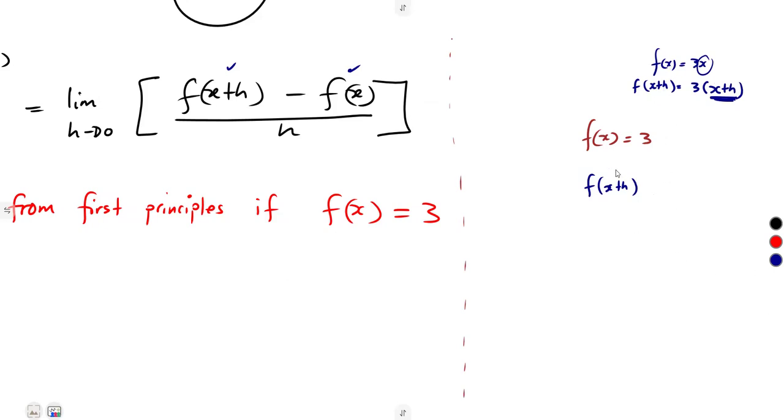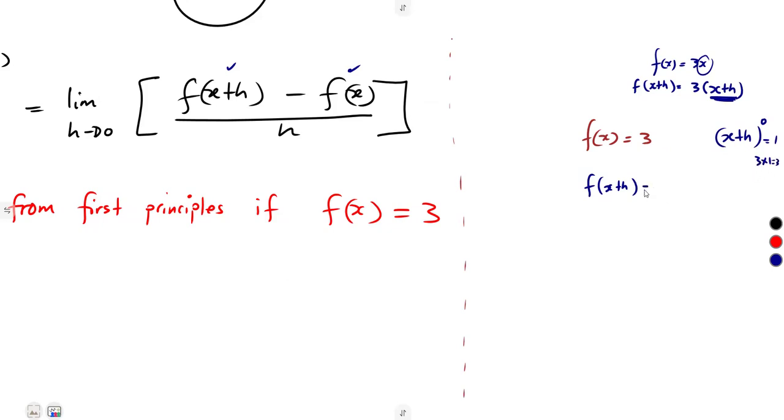So in our case, it's f of x and we need f of x plus h, where we do not have x. It is just like x to the exponent of 0, if you want to take it that way. So whatever you're going to have is x plus h to the exponent of 0, which is equal to 1, and 3 times 1 is going to give us 3.